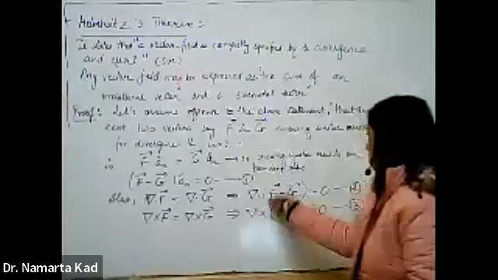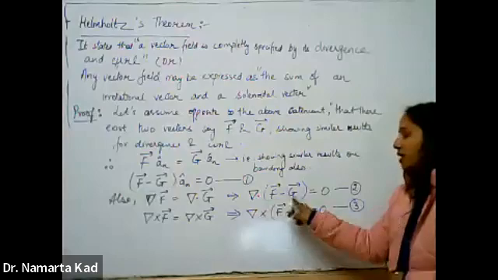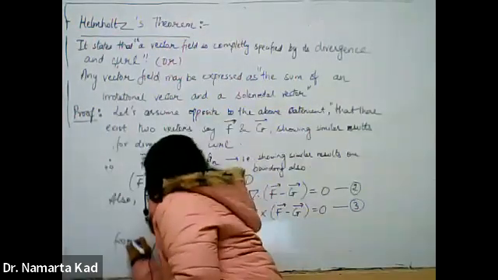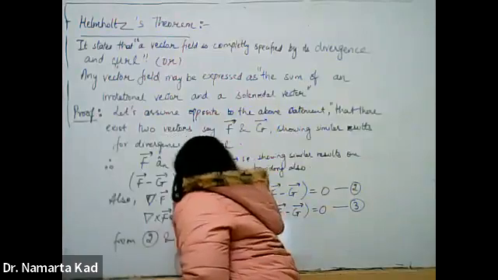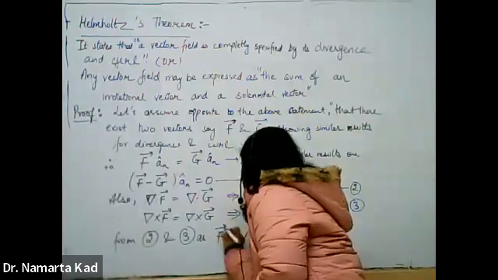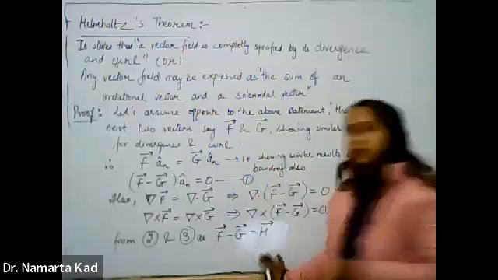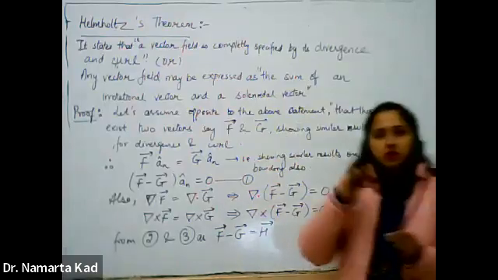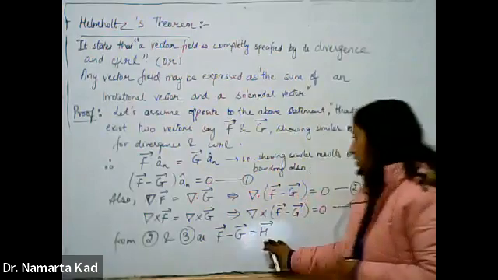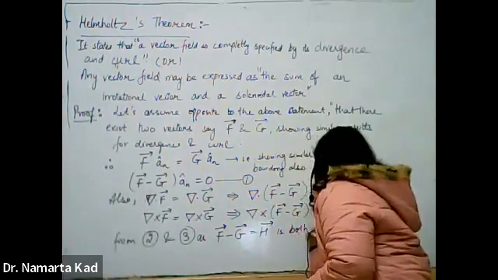So from 2 and 3, F minus G is again some vector, let us suppose H, because subtracting a vector from a vector gives a vector.